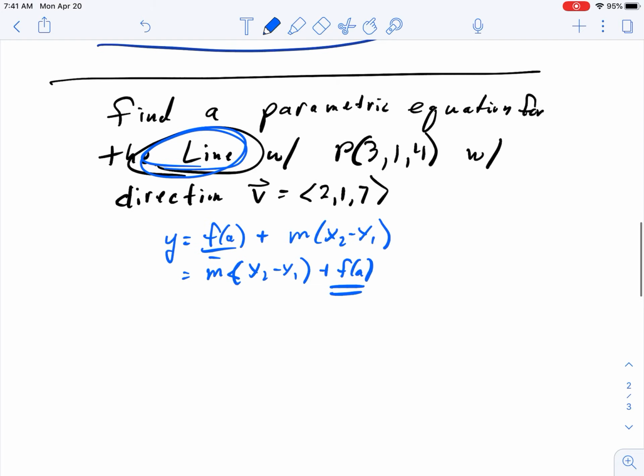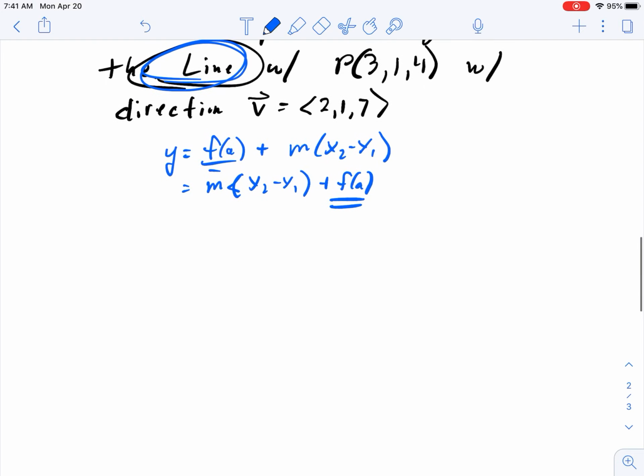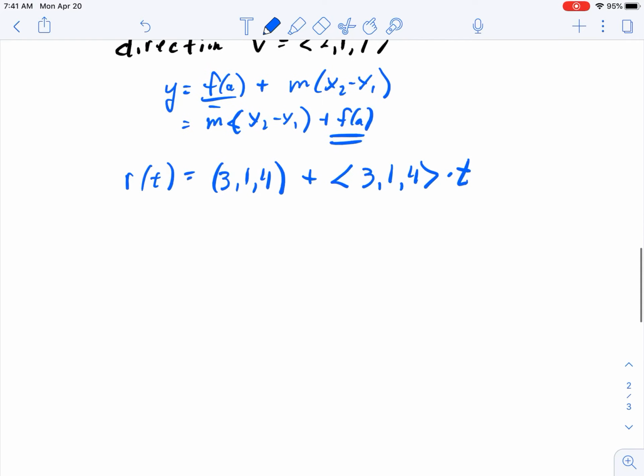You'll see me switch this around quite a bit. It's the same equation you've been doing since Algebra 1. So if you write an equation r of t, you do your point first, 3, 1, 4, and then your direction, and go by time. Now remember, we will have to be able to separate these.